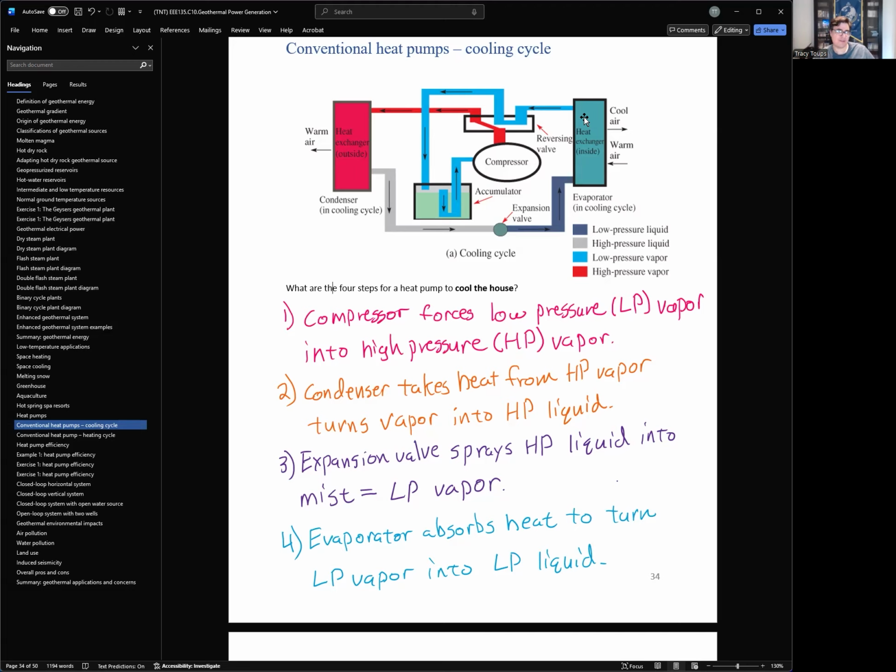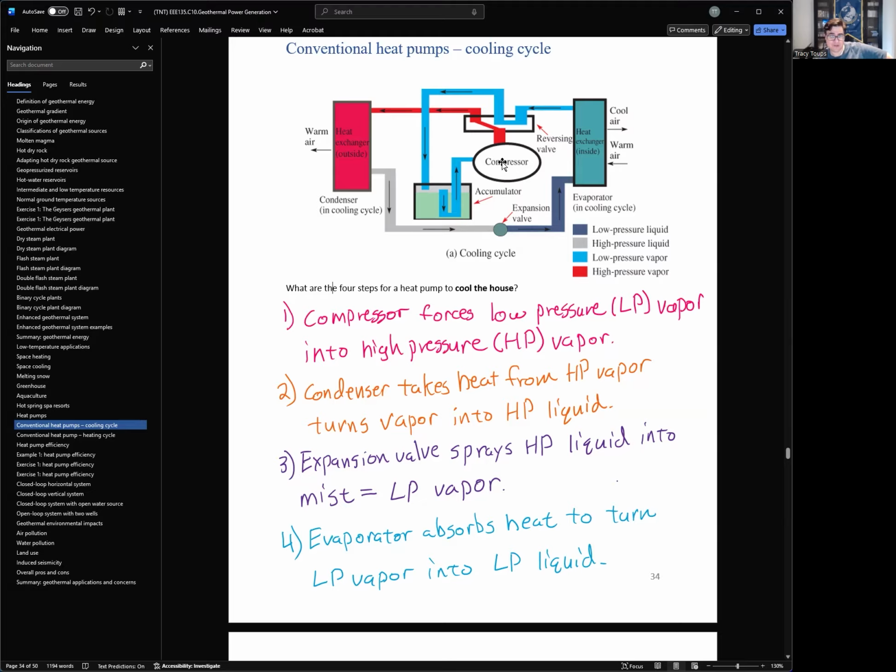So if I have a heat exchanger at 0 degrees Fahrenheit and it's running 80 degrees Fahrenheit air in your house, it's going to absorb the heat and come out maybe 60, 55 degrees Fahrenheit, and that's what you're going to get in your fan vent, okay? So number 4, the evaporator core will absorb the heat and turn the low pressure vapor into liquid form again. And now you've got the liquid, it's going to go back through here. The accumulator is just an area in case you have extra, and then it goes back into the compressor.